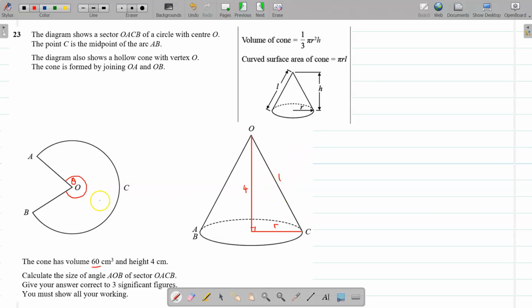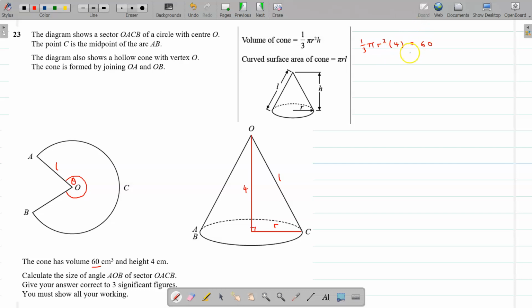Now, if that cone has been made from this shape here, it also means that L is the radius of this circle here. Okay, so using this formula for volume, I can write that 1/3 of pi times r squared times the height, which is 4, gives me the volume, which is 60.